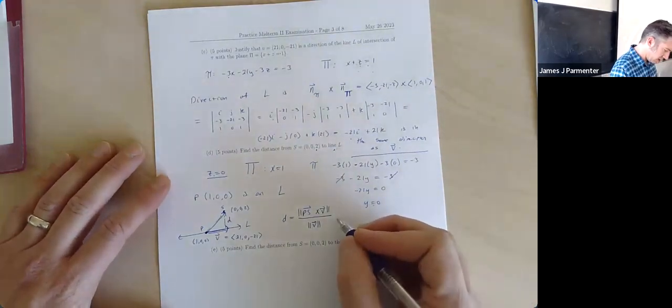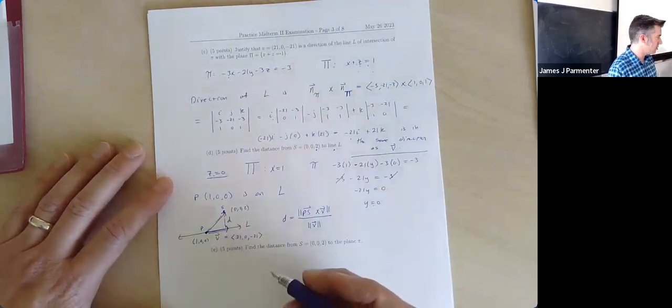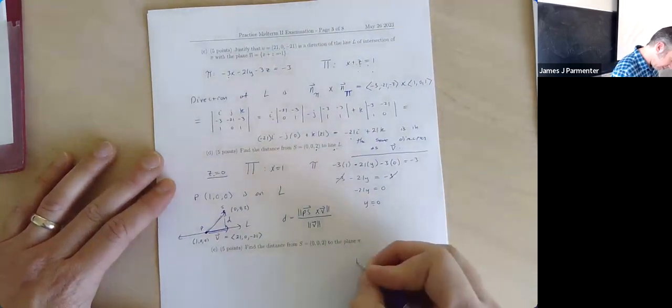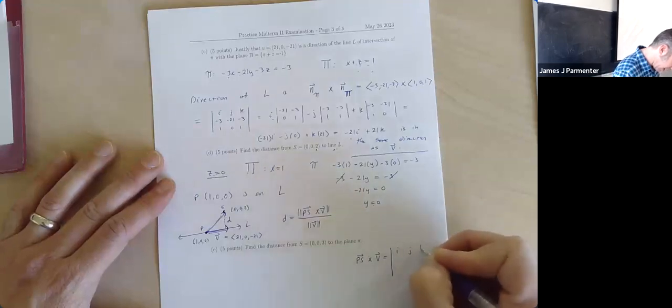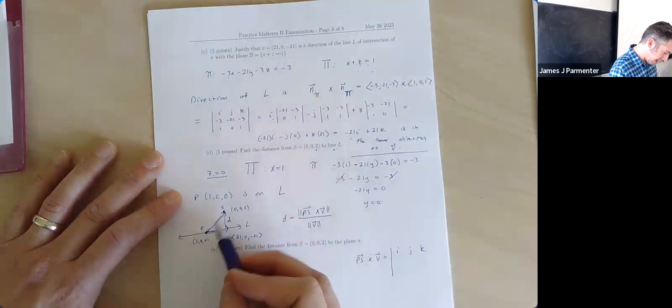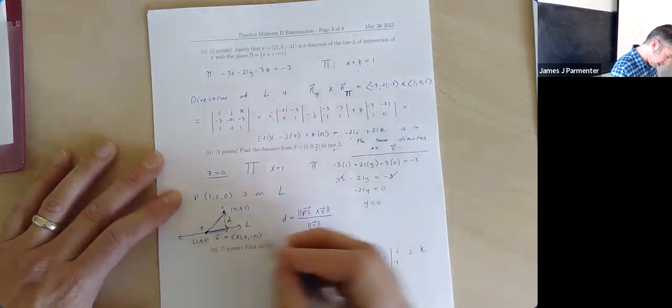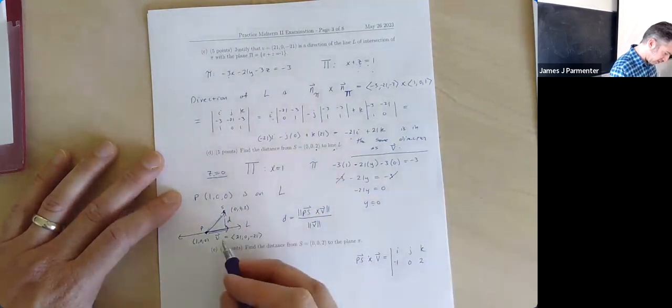This is not a terrible cross product though, right? Because the vector PS and the vector v are not too terrible. So PS crossed with v is going to be i, j, k again. PS is the vector negative 1, 0, 2, and v is the vector 21, 0, negative 21.